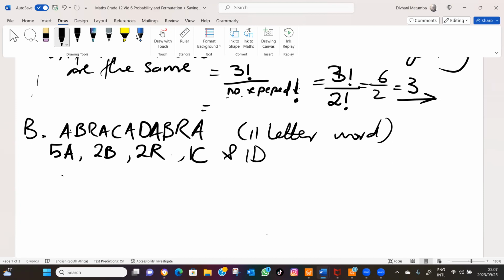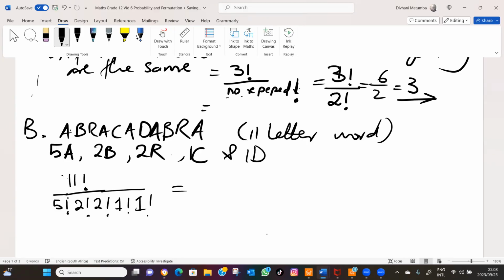The number of letters is 11, so 11 factorial divided by 5 factorial, 2 factorial, 2 factorial, times 1 factorial times 1 factorial.